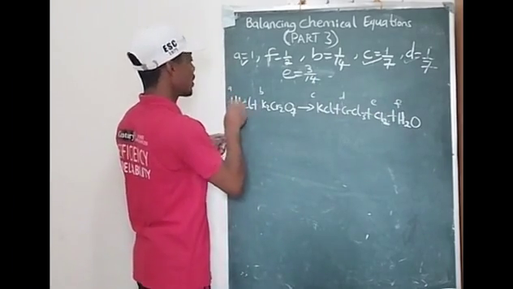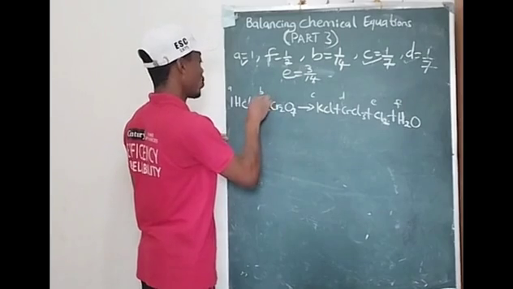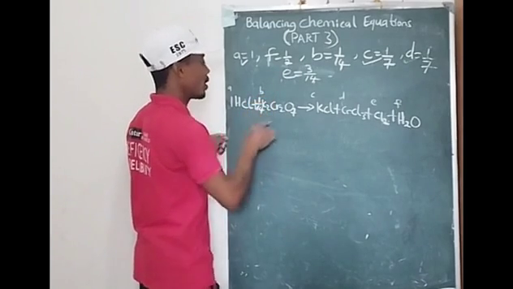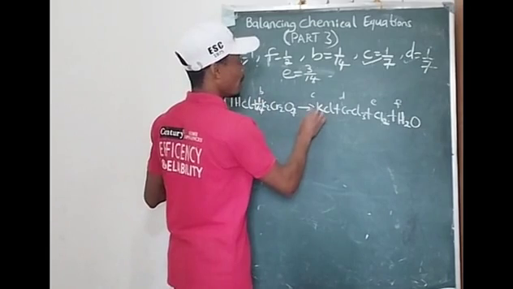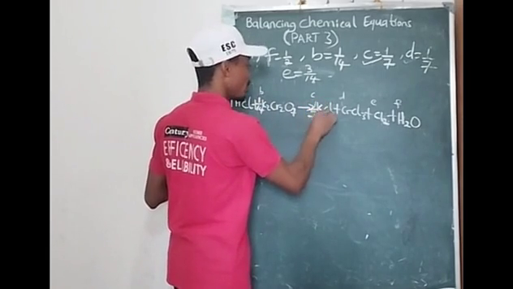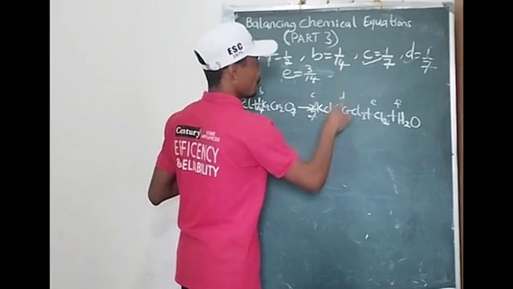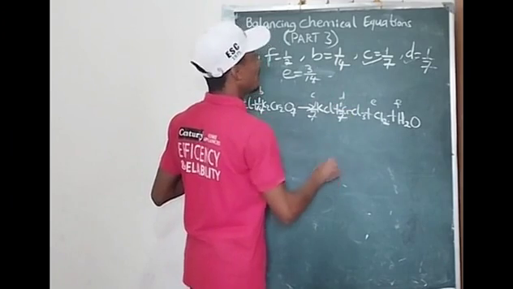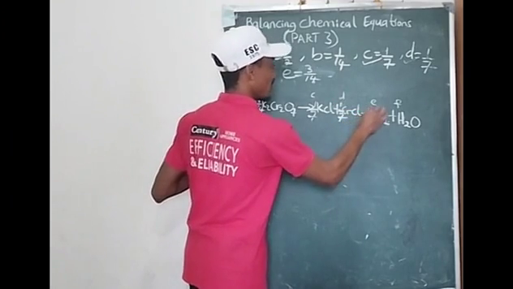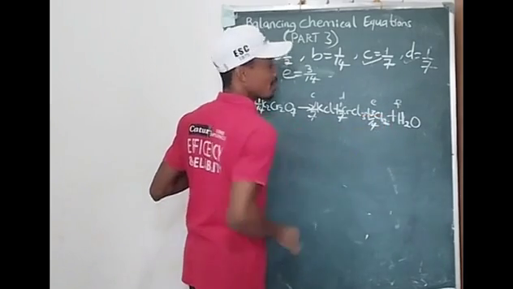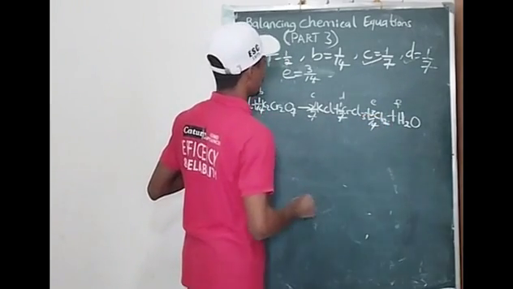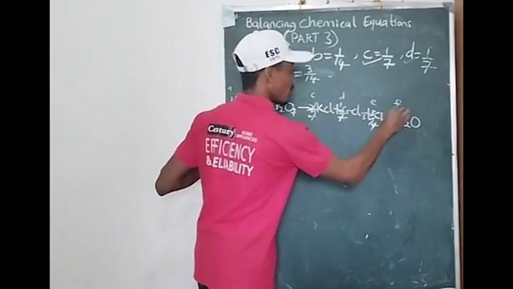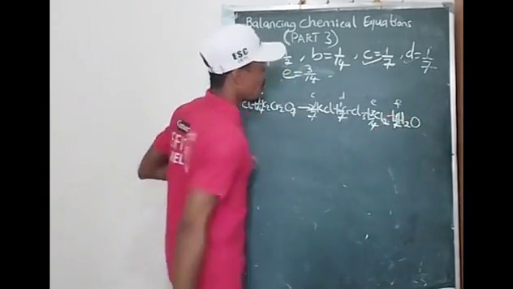This was 1, and B is 1 over 14, and this is my C, which is 1 over 7, and my D is 1 over 7. E is 3 over 14. And F is 1 over 7.